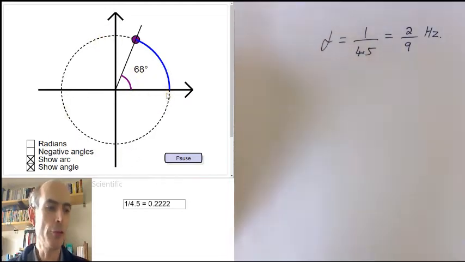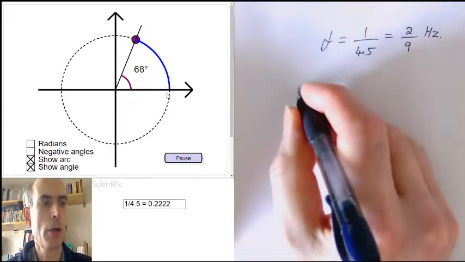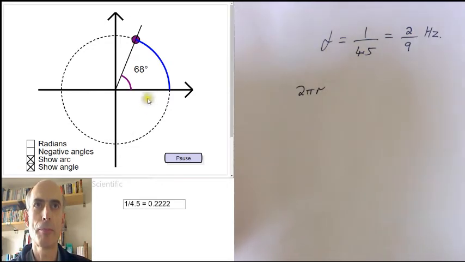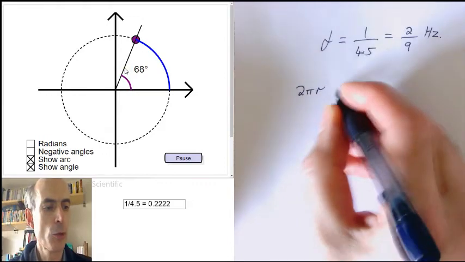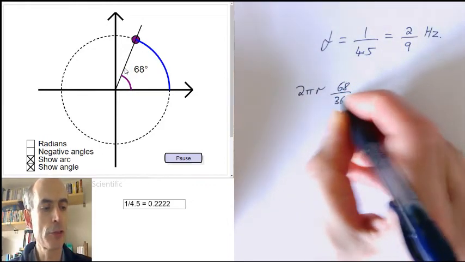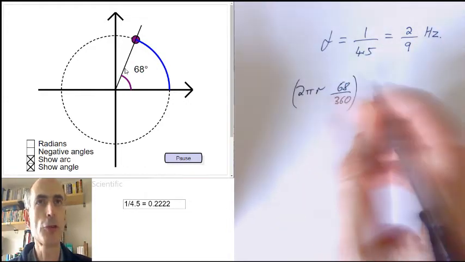The circumference of a circle is 2 pi times the radius. That's all the way round. There are 360 degrees all the way round the circle. So here we've gone 68 of those 360 degrees, which is a factor of 68/360 of the way around the circle.